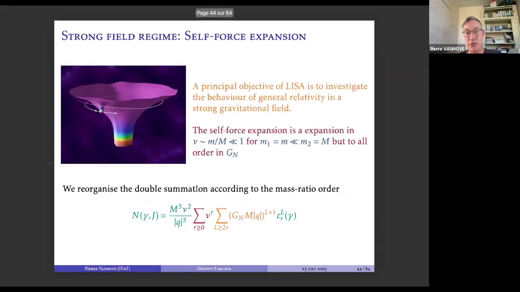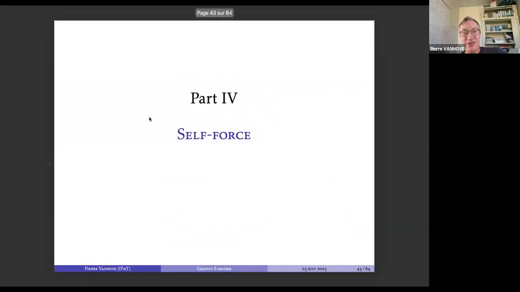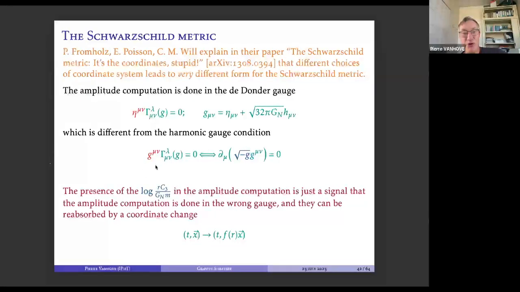So I just want to finish by explaining, and I need 3 slides to explain, how to redo that metric computation in a different gauge. If you follow this, you have this object, and the harmonic gauge is the conservation of this.